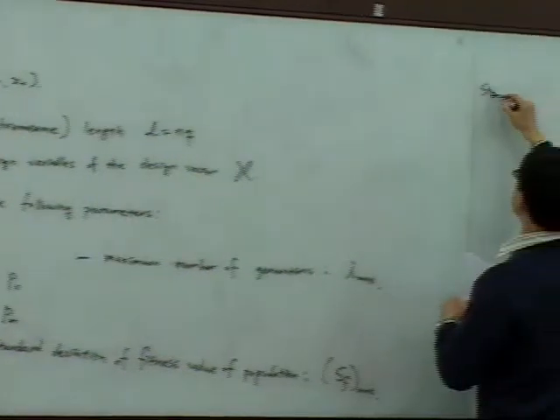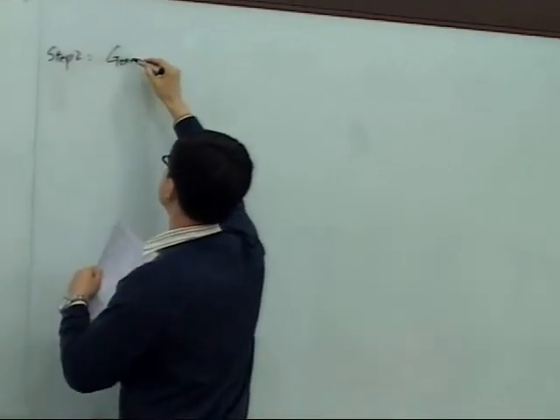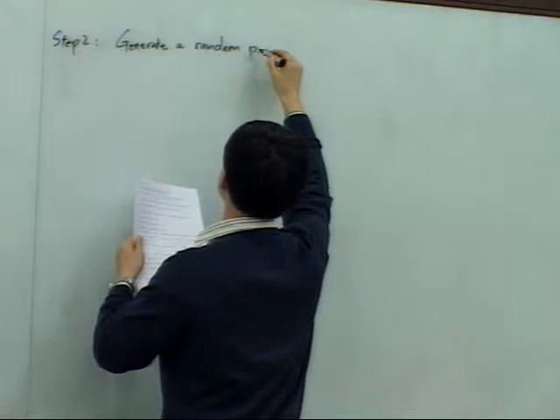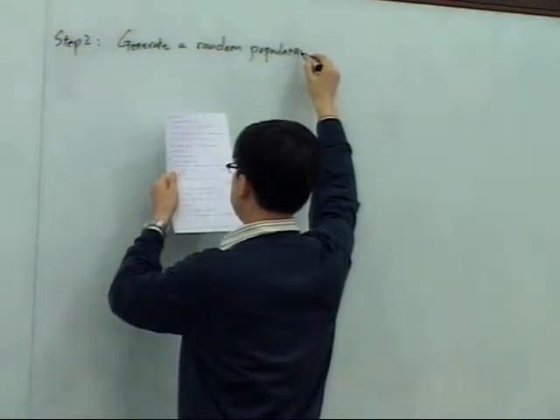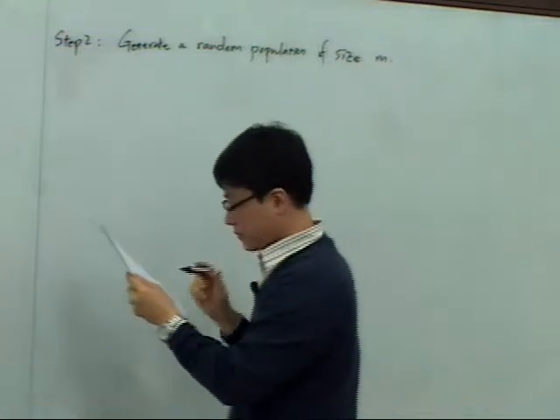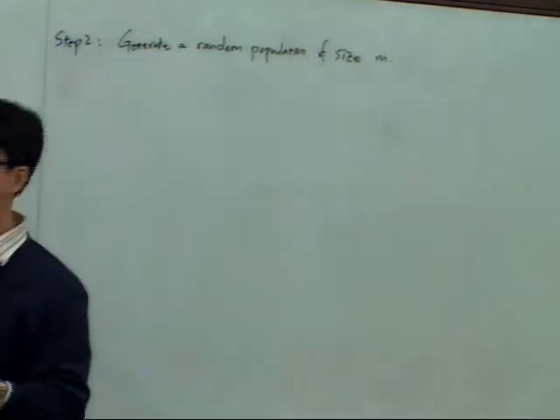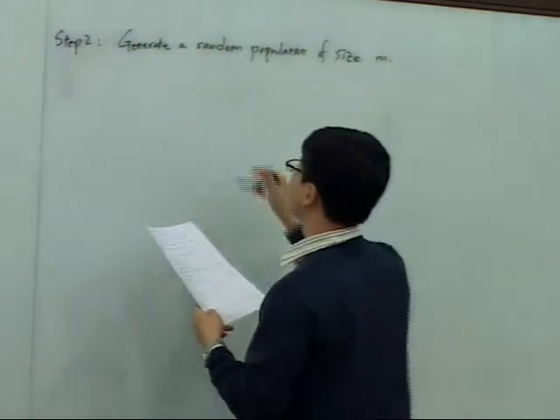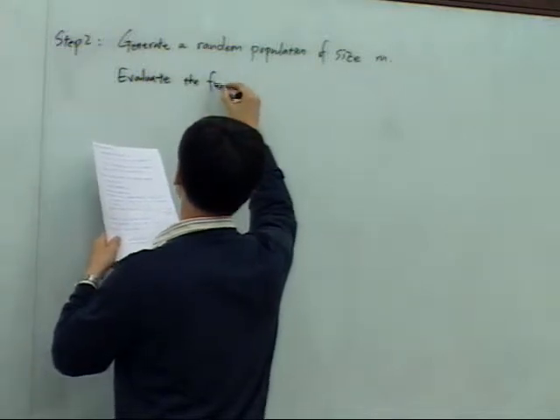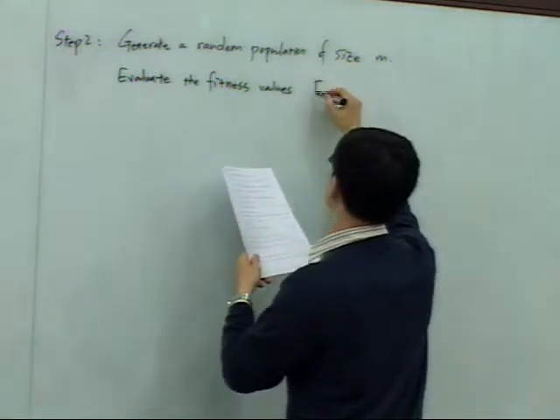And step number 2. Generate a random population of size M. And as you know, each consists of a string of length L, and evaluate the fitness values f sub i.